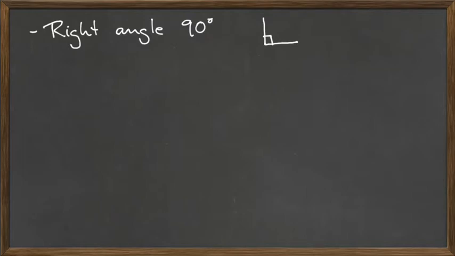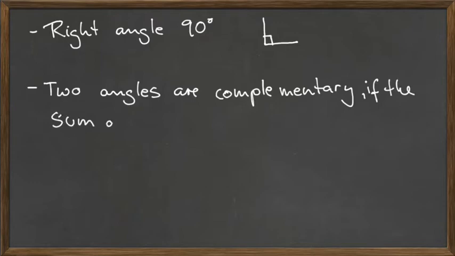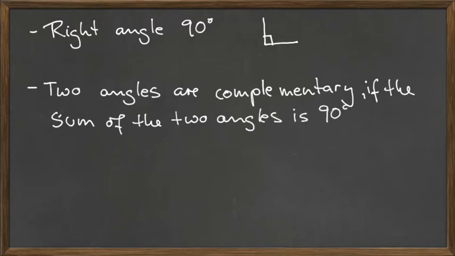Two angles are complementary if the sum of the two angles is 90 degrees.